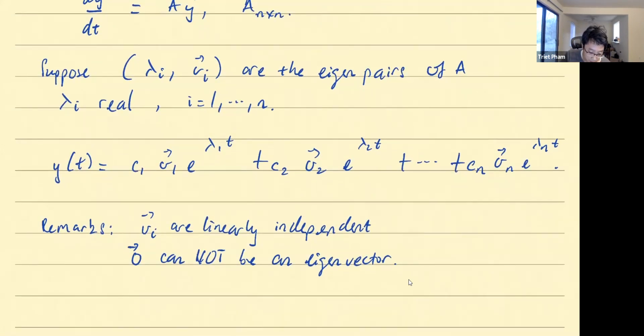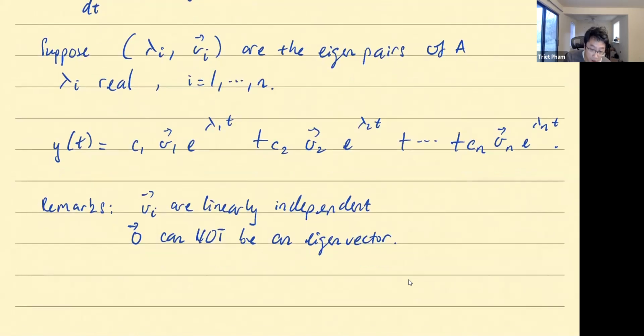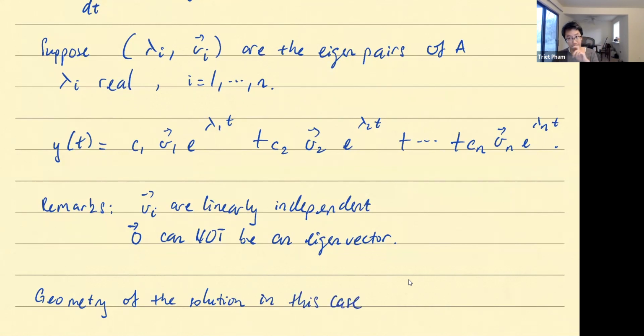All right, the next one I want to talk about is the geometry of the solution in this case. By the way, there will be cases in this chapter: real eigenvalues but distinct, repeated eigenvalues, and complex eigenvalues. For each of these cases the behavior of the solution is different, so pay attention.